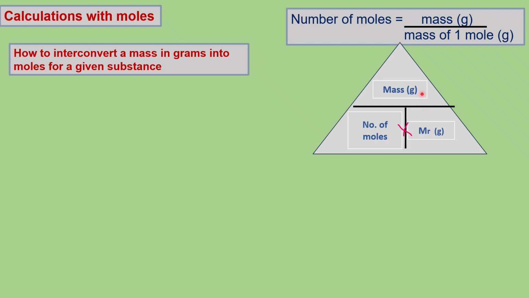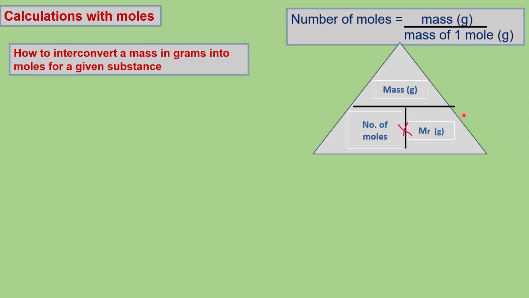If we don't know the mass and we want to find the mass, we multiply the number of moles times the relative molecular mass, and we get the mass in grams. If we want to know the relative molecular mass, we divide the mass by the number of moles and we get MR. So how do you use this triangle?